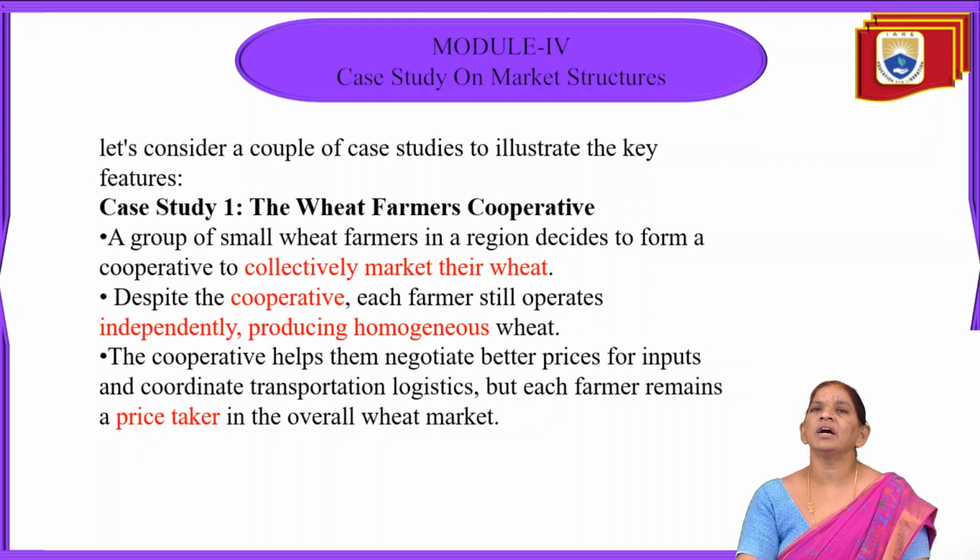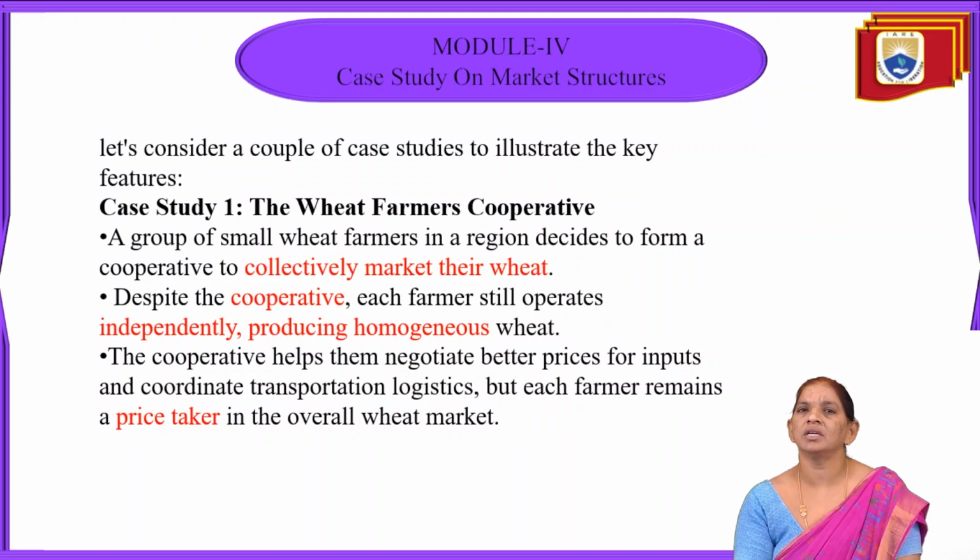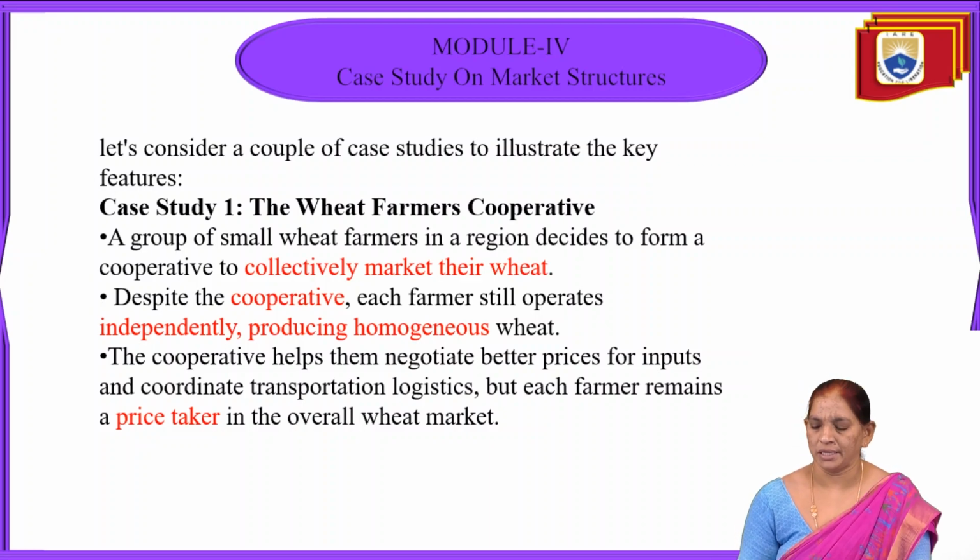Though they have independence in producing the homogeneous wheat product, the cooperative will help them only in getting better prices for their inputs, and transportation costs will decrease. Logistics costs like warehouses will also decrease for each farmer, while each farmer himself remains a price taker given by the overall market.